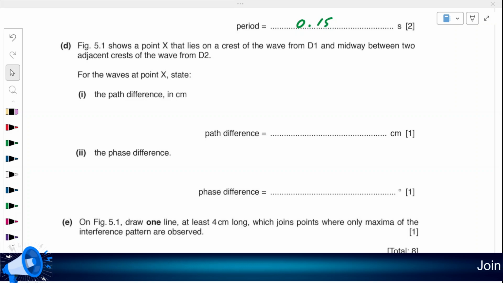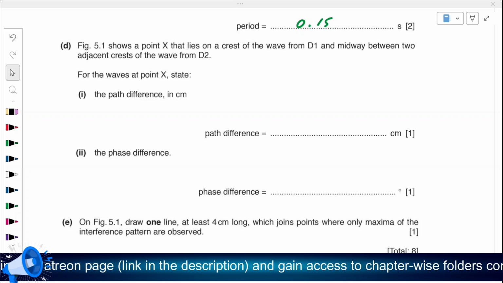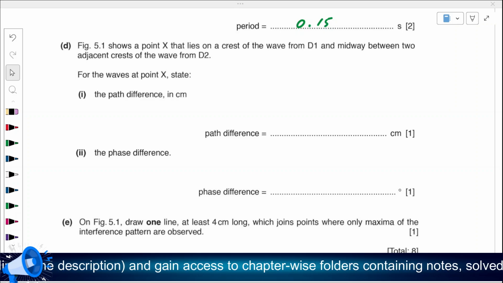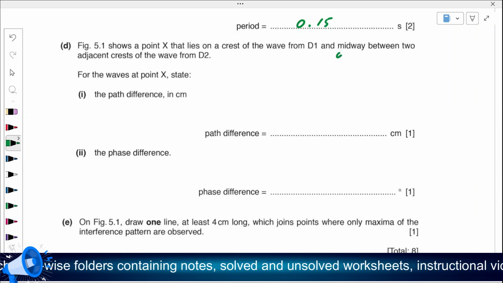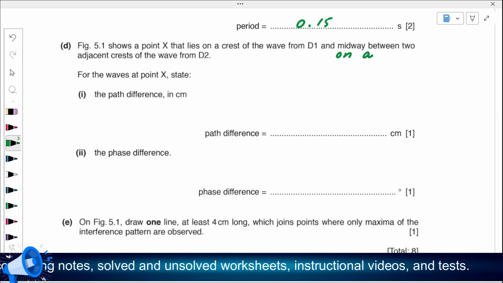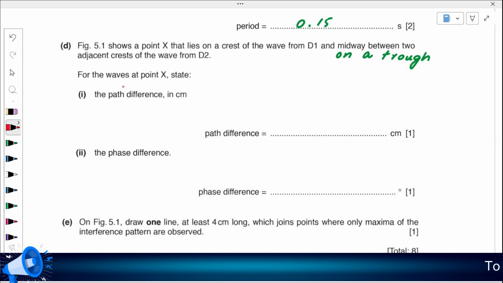In other words, midway between two adjacent crests means on a trough. So we can even write here to make it easy for us: on a trough from D2. For the waves at point X, state the path difference in centimeters.